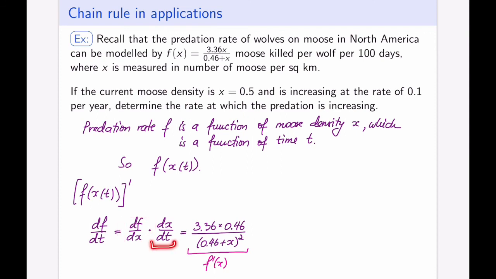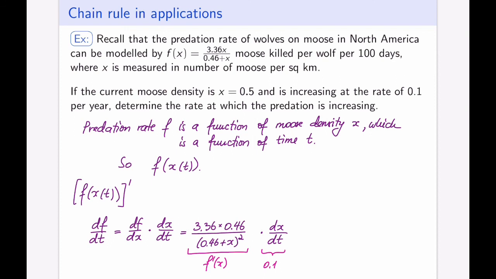What about the second part? dx by dt. Let me rewrite it first, and then let's think about what its value is going to be. This is how fast the moose density x is changing with respect to time. We are told that the rate of increase is 0.1 per year, so this value is going to be 0.1 moose per square kilometer per year.